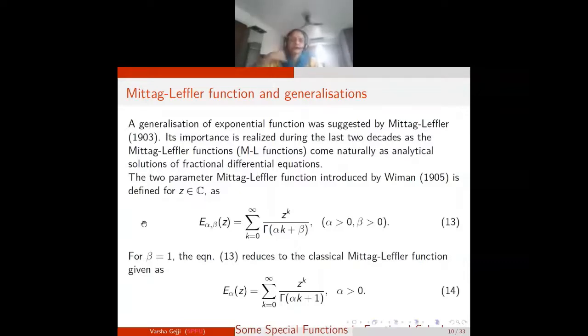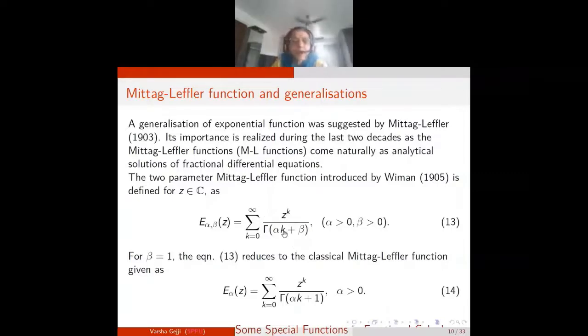Now a generalization of exponential function was suggested. So just as the role played by exponential function in ordinary differential equations is taken up by Mittag-Leffler function introduced by Swedish mathematician Mittag-Leffler, and its generalization introduced by Wiman in 1905 is given in 13.